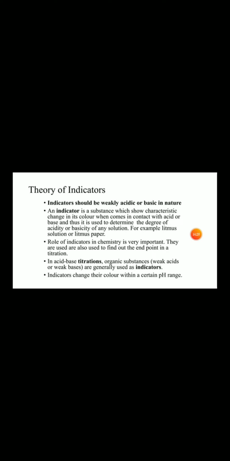Then indicators must be a weak acid or weak base. Then the first theory is Oswald theory of ionization. It totally depends on the ionization procedure. Next, there are two examples of Oswald theory, that is phenolphthalein indicator and methyl orange indicator. Next is the quinonide theory, that is totally tautomeric forms, benzonoid and quinonide forms. Okay, so this is where the chapter ends.